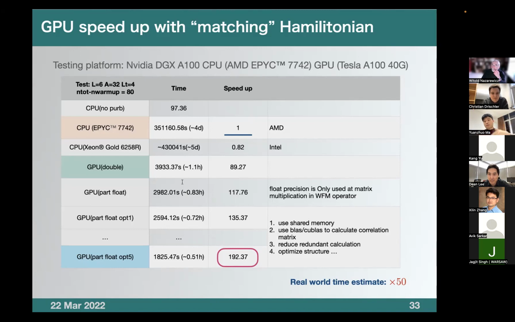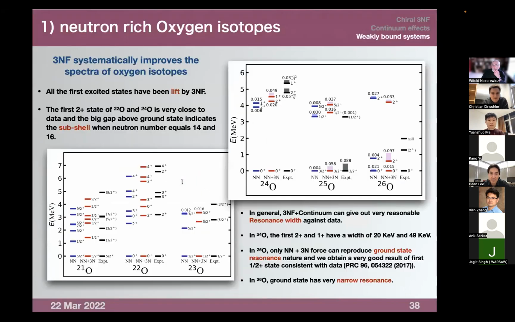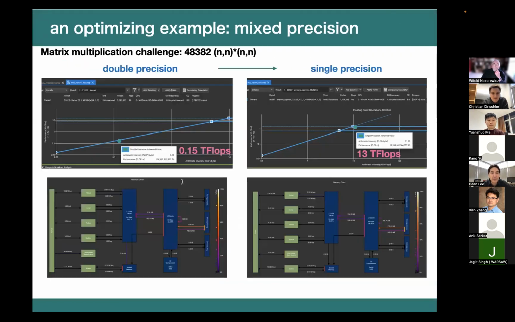I can show this figure. You can see that double precision can only achieve 0.5 teraflops, but if we change it to single precision, it can achieve 13 teraflops, which is a huge difference.